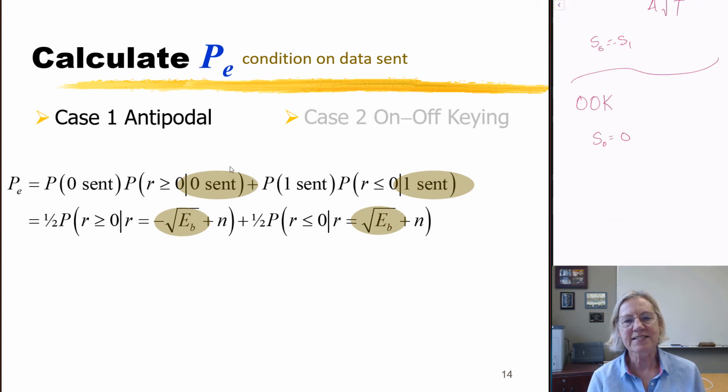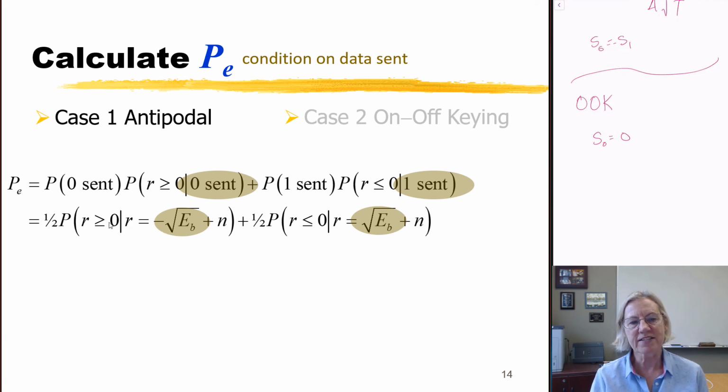And the data sent here, when I say a 0 is sent, what does that mean? Remember, what are the coordinates of the waveform for a logical 0? The coordinates in the antipodal signaling were a negative square root of the energy of bit, so minus square root of EB. So when is the received signal going to be above 0? It's when what was transmitted, minus the square root of EB, plus the perturbation of noise, is greater than 0.